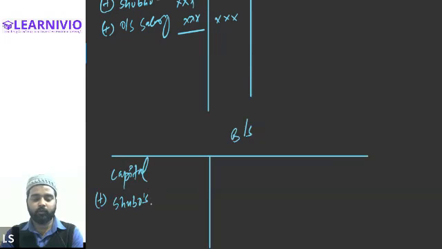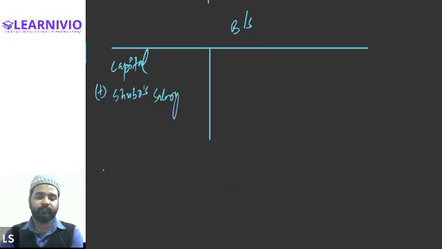So when we provide salary to Shubho, it will increase his overall capital in the business. All right. And we will further indicate outstanding salary in the balance sheet as a liability.